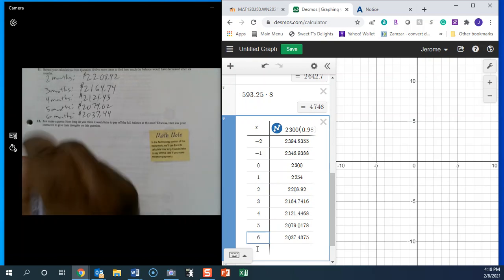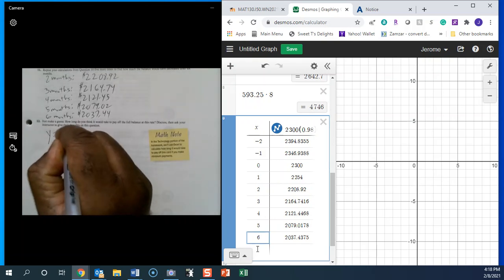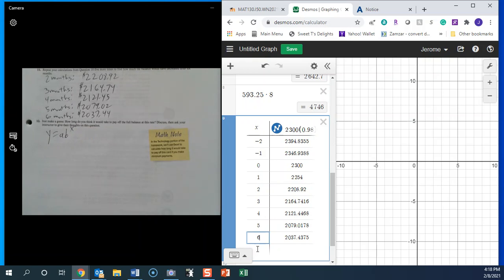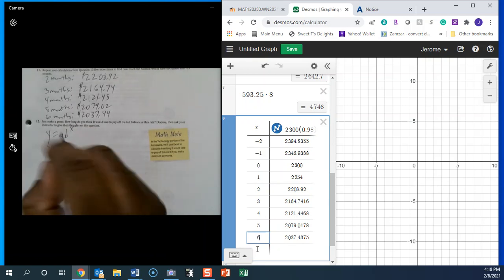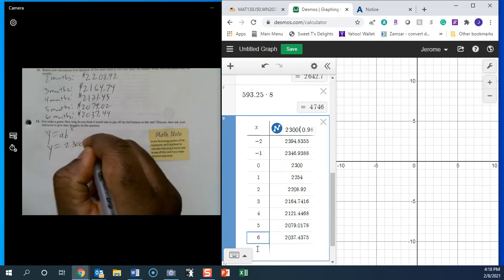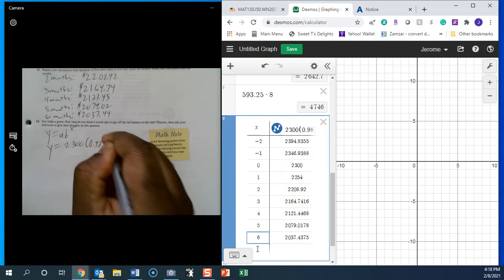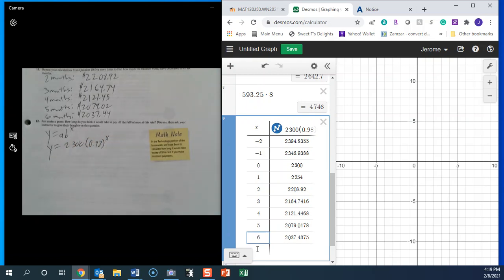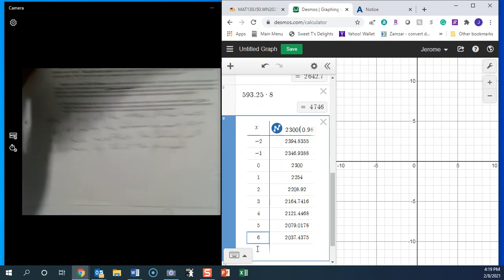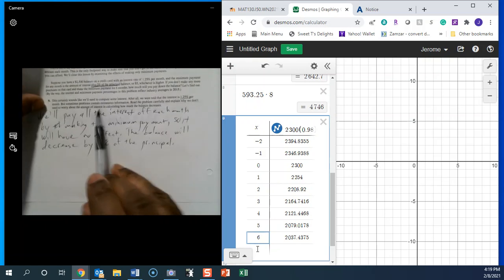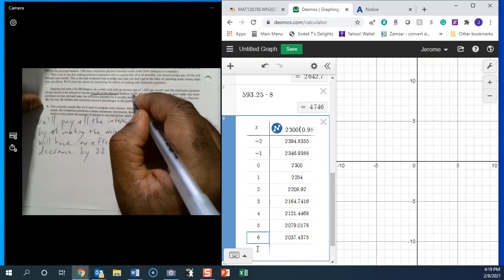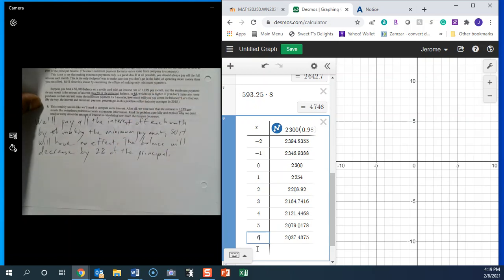Okay, listen. We have y equals ab to the x power. So y is equal to our 2300 times 0.98 to the x power. Now what we want to do is basically get this down to either 0 or, because of these directions, $5 or less.